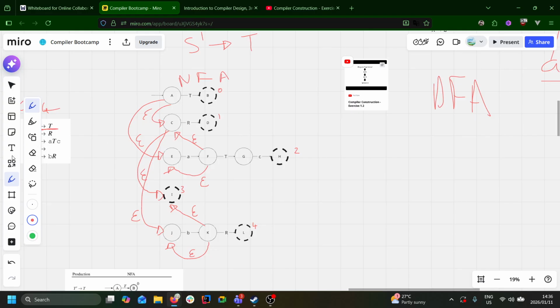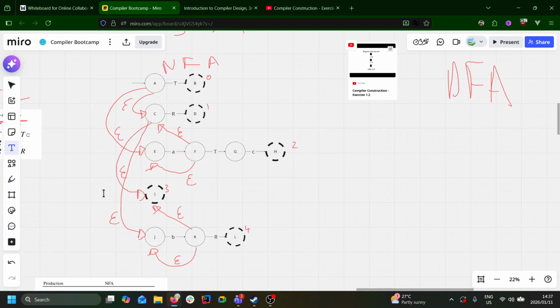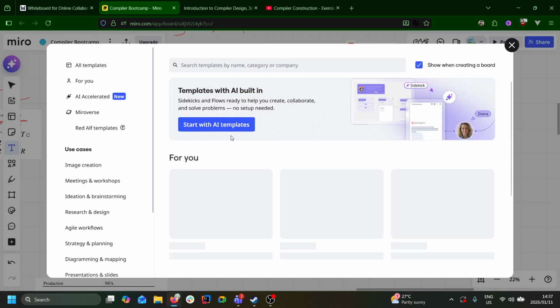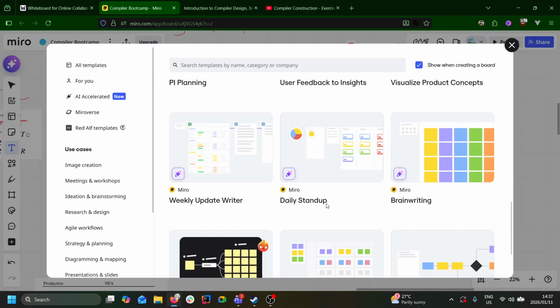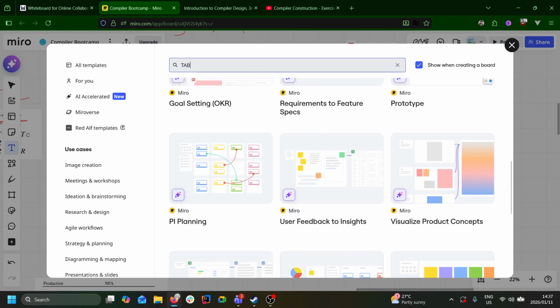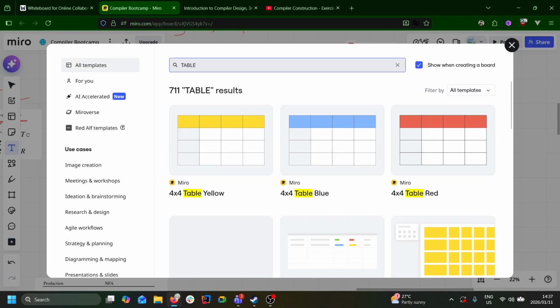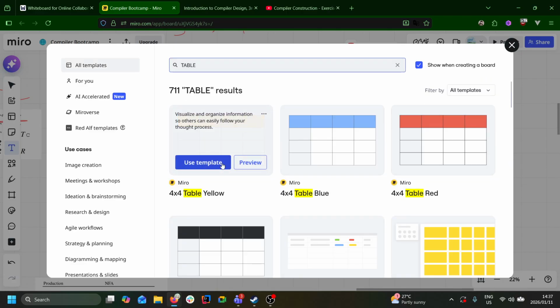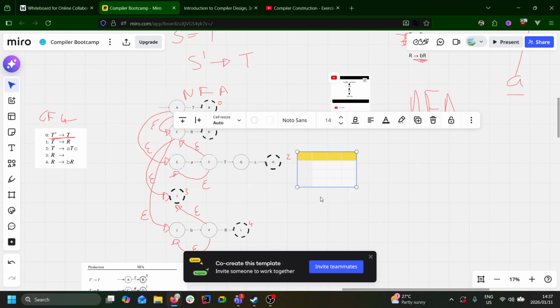So the way it works is that we're going to have a table. Let me see if I can make a table here. I know I've made a table before, and this one should be it. Here we are.